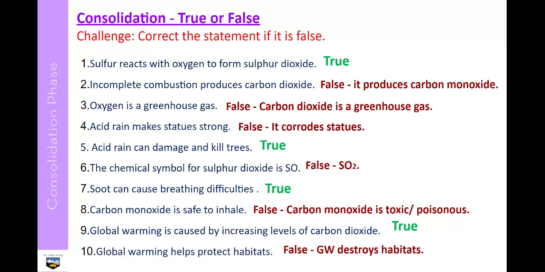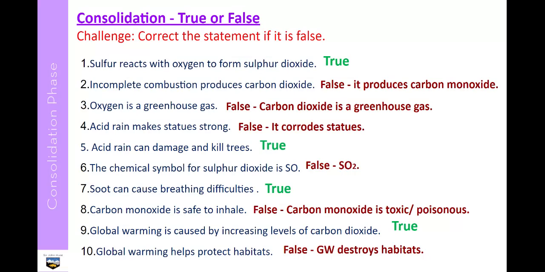The chemical symbol for sulfur dioxide is SO2. 7 was true. 8 was false. Carbon monoxide is toxic to us. It is not safe. Number 9 is true, and number 10 is false. Global warming destroys habitats. It doesn't help protect them.